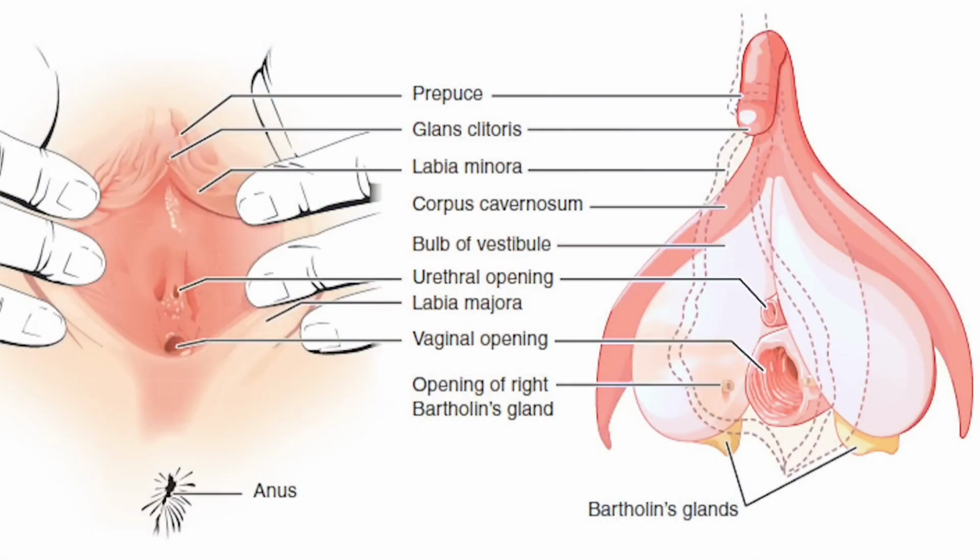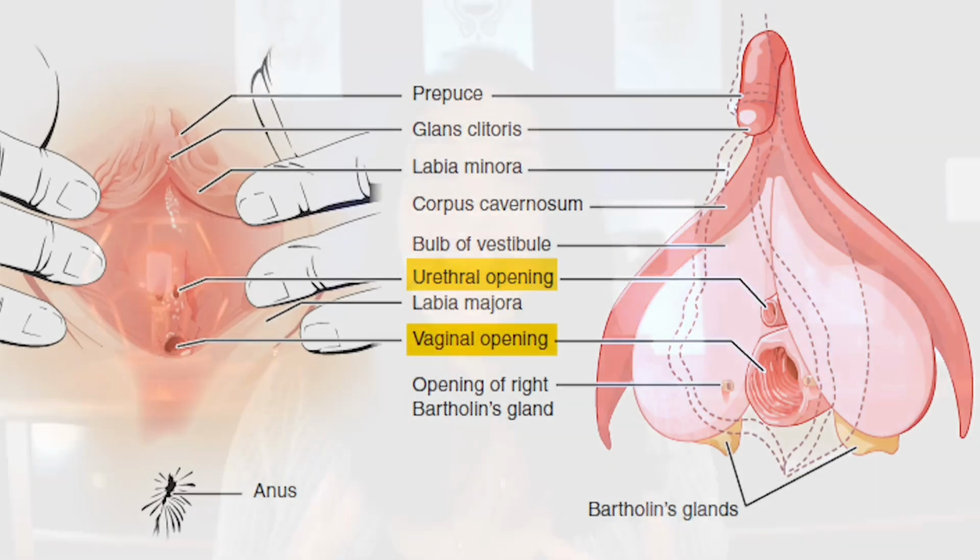Below the clitoris, you can see the urethral opening. The urethral opening is essentially the end of your pee tube. So your bladder makes urine and it pees out of that pee tube. Below that, you can see the vagina itself. The vagina is a pretty amazing structure. The reason being is that it can change in shape. As you may know, when women have babies, it can get quite large to have the passage of a baby.